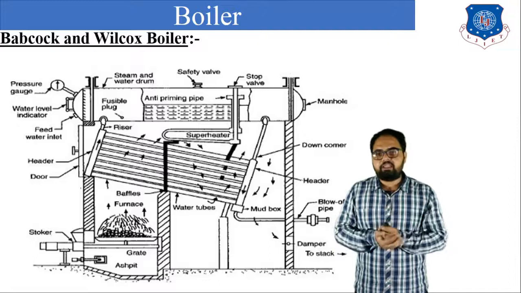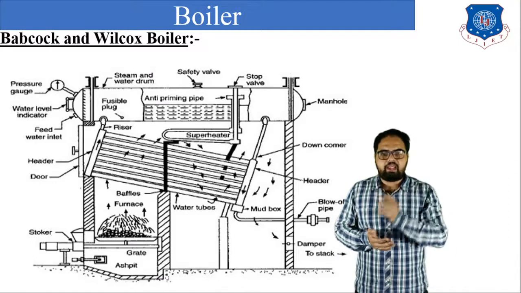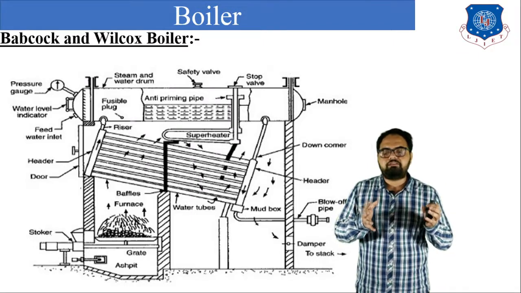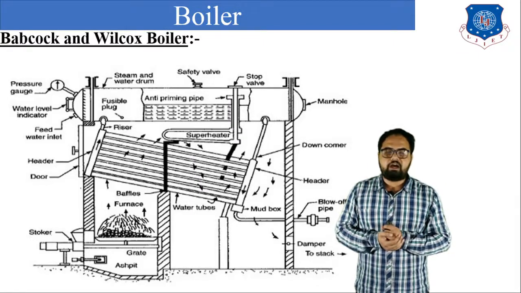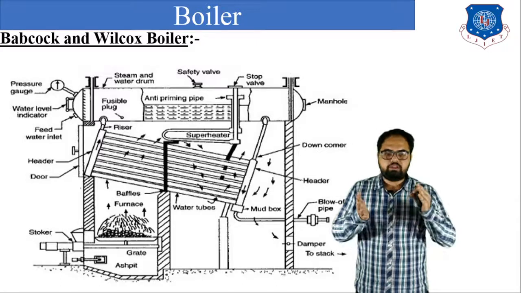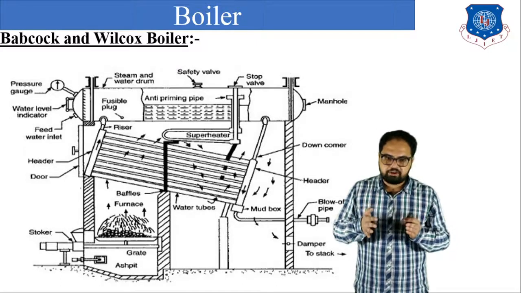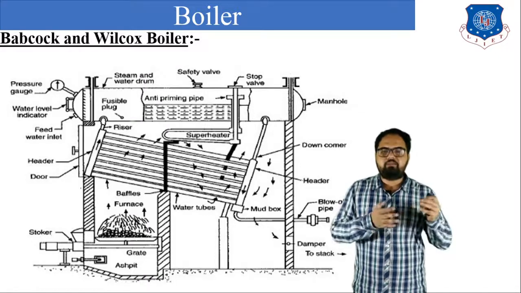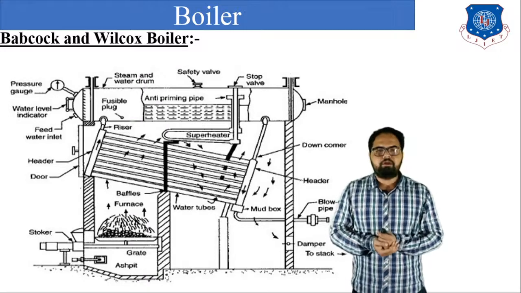The reason behind the inclined angle is that we can collect all the impurities which are inside the water at high temperature. All the impurities are collected inside the mud box, and with the help of the blow-off cock we can remove all the impurities from the boiler.